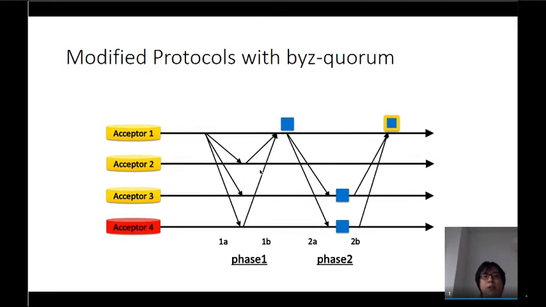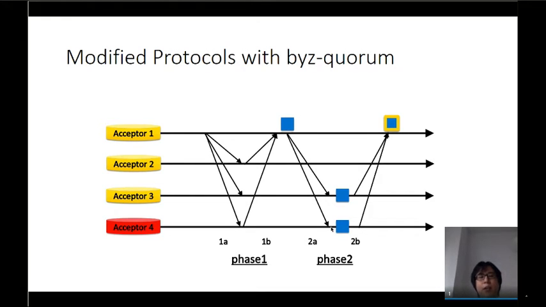The modified protocol example will work like this. In the first phase, acceptor 1, proposing a value, sends a phase 1A message to everyone else. There's no lie, so everyone just replies with the correct thing, assuming no value was ever voted on before. Acceptor 1 can go into phase 2, includes this blue value, and sends a phase 2A message to everyone.